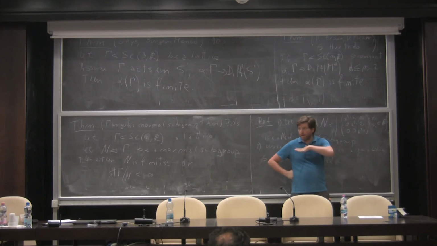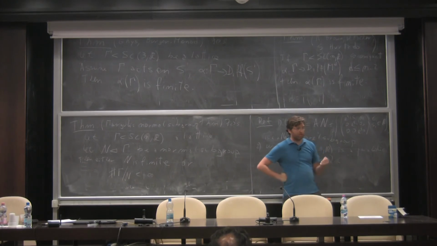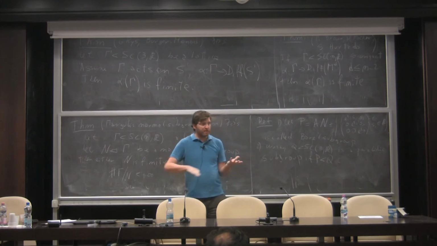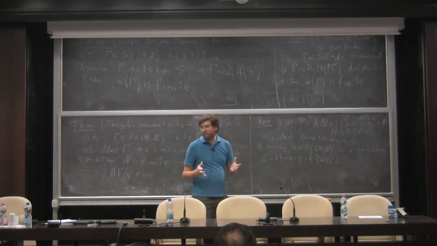It contains the R2 orbits, the diagonal orbits, and it contains the unstable direction. It's the unstable manifold along with the orbit direction. So the only thing that escapes the parabolic group is the stable part. You really capture all the expanding part of the action.